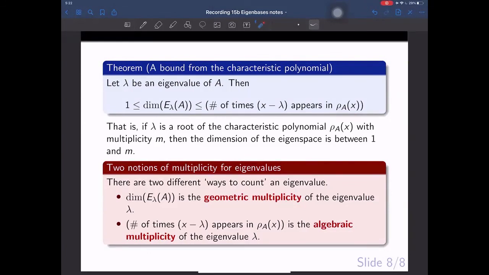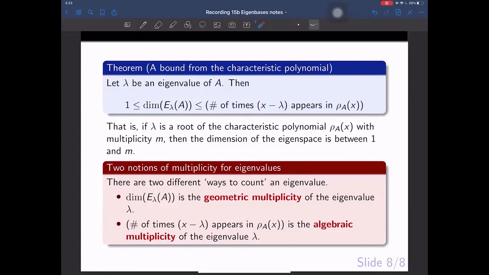So if this number lambda is a root of the characteristic polynomial, the number of times it appears is called the multiplicity. So let's say it appears m times. Then the dimension of this eigenspace is between 1 and m.